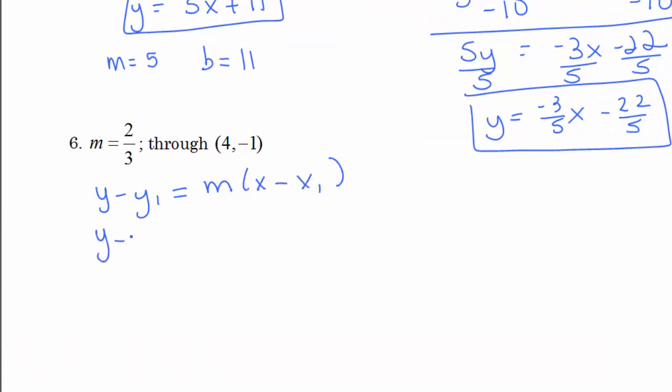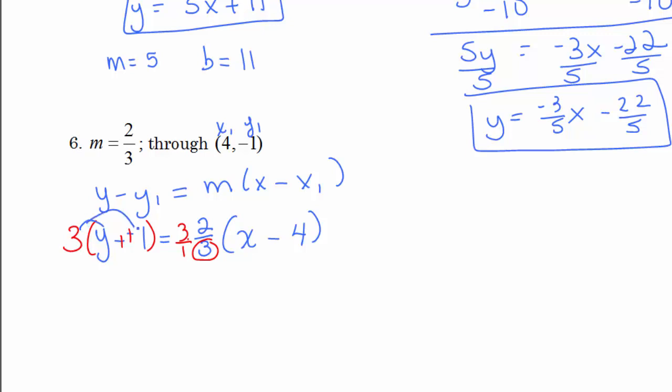Okay, y minus a minus 1 equals 2/3 times x minus x1. This is x1, that's y1. Again, make those minus and minus a plus sign. I want to get rid of my fraction. Since this is my denominator, I'm going to multiply both sides by 3 over 1. I'm going to distribute. And again, be careful. Those reduce, and I'm just distributing the 2.